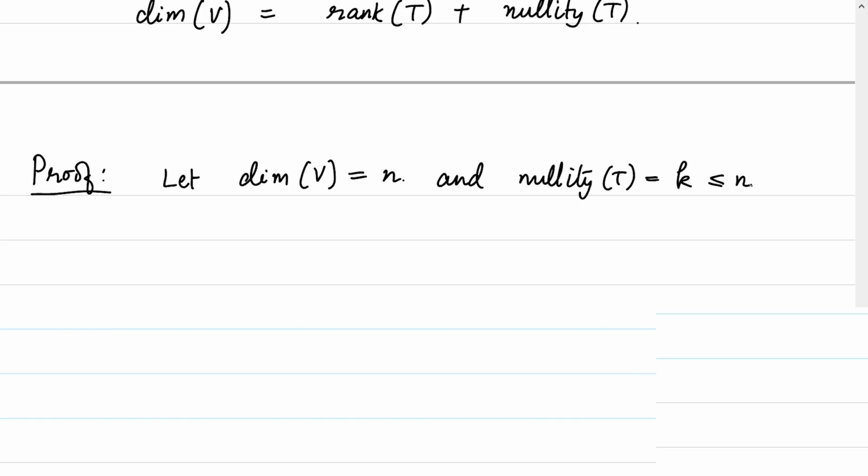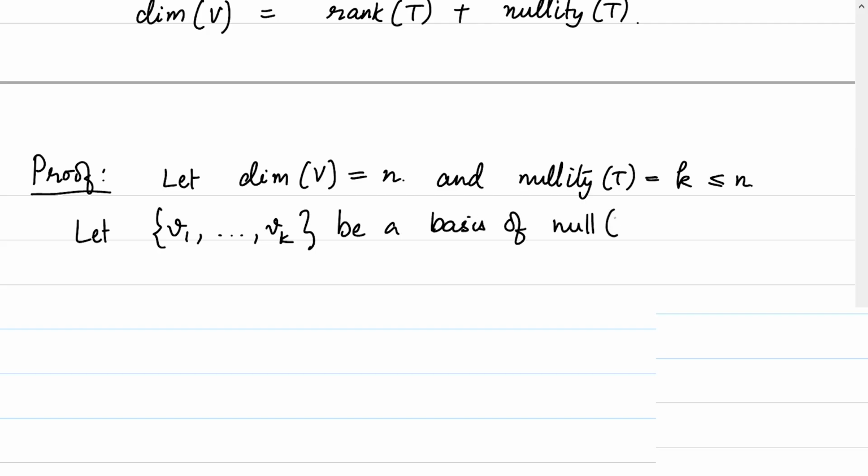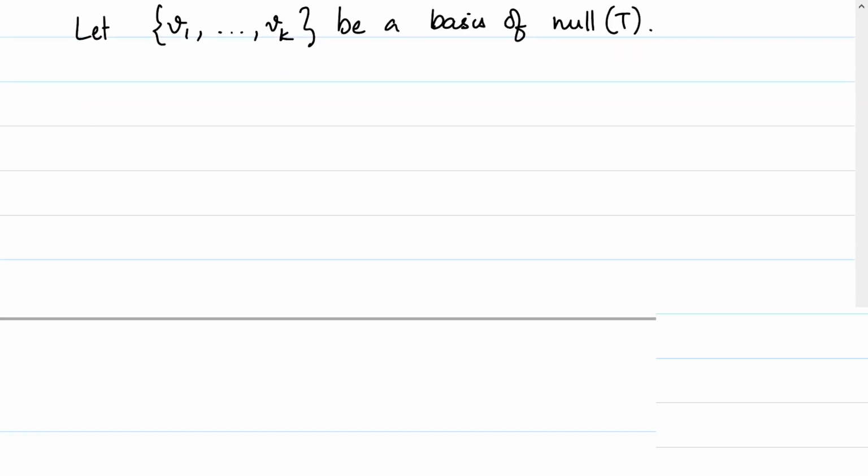Let's try to prove this by a constructive approach. So we know that the null space of T has a basis which has k elements. By one of the corollaries, we know that there is a basis, and by another corollary, it should necessarily have k elements. So let v1 up to vk be a basis of the null space of T. We know that this is a vector subspace and we also now have a basis for that.